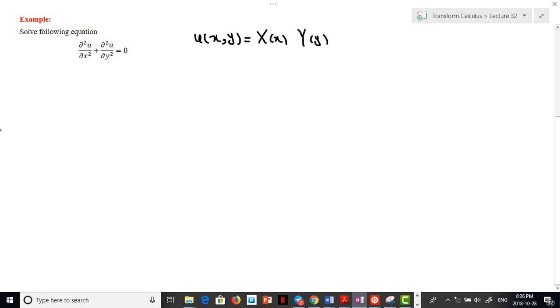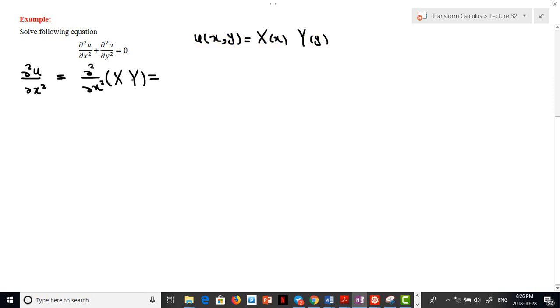First, I have to find the second derivative of u with respect to x in terms of X capital and Y capital. The second derivative of u with respect to x is, in fact, the second derivative of X function times Y function with respect to x.